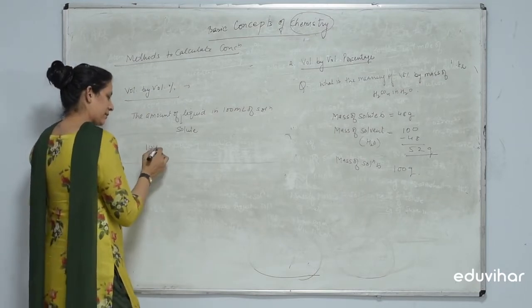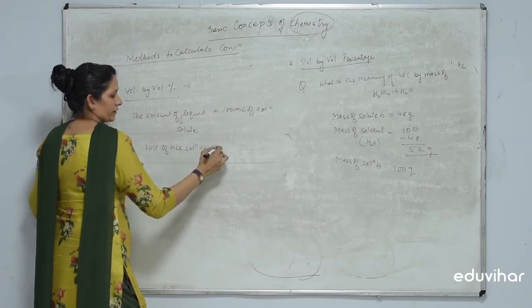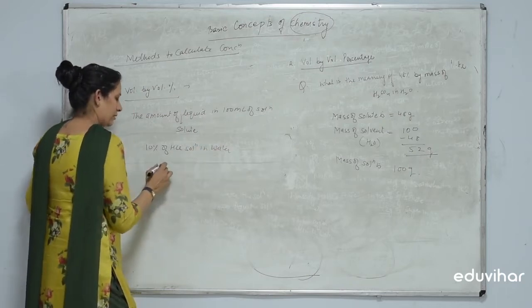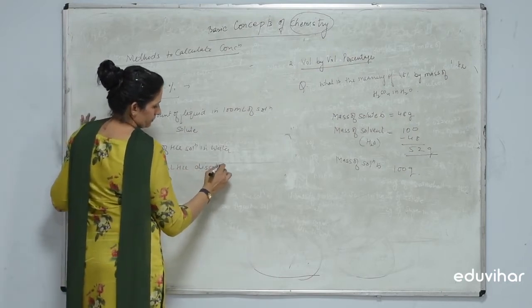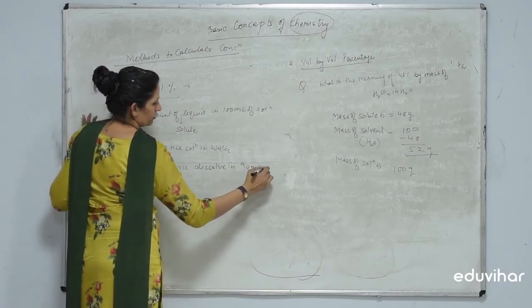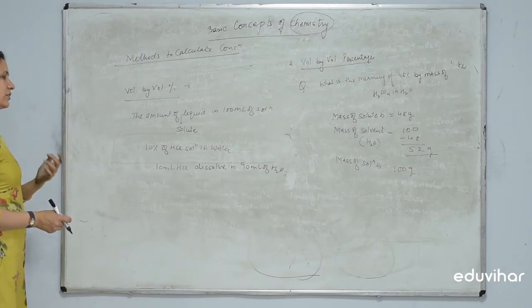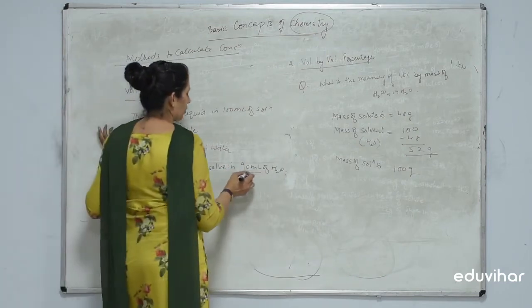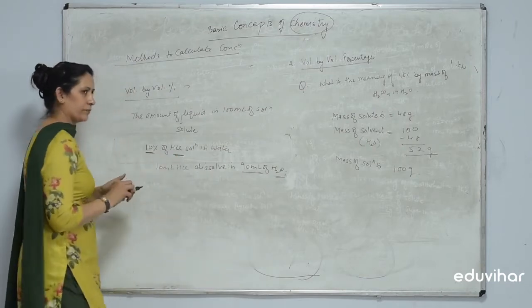For example, 10% HCl solution in water. It means 10 ml of HCl dissolved in 90 ml of water. This is the meaning of 10% HCl.